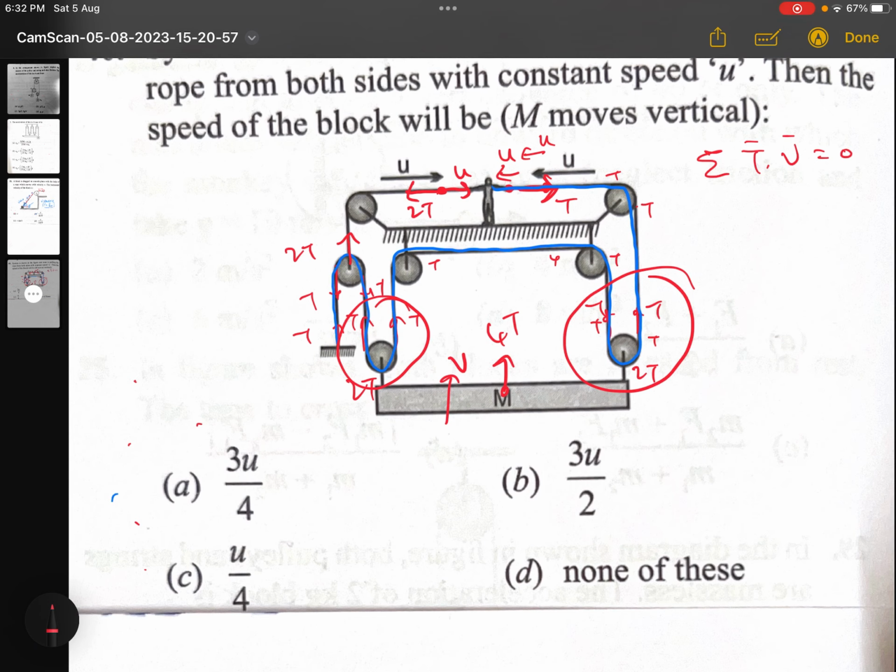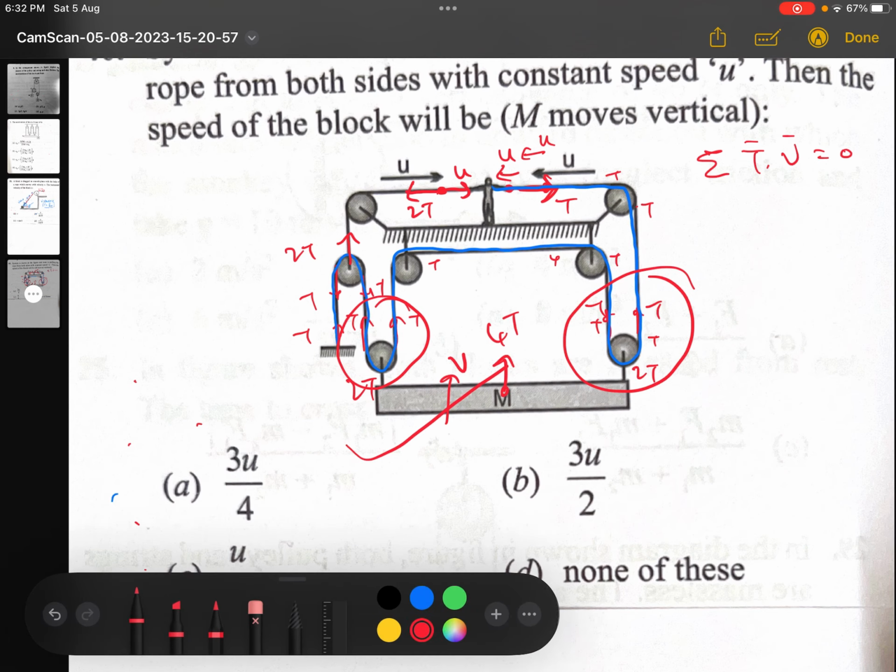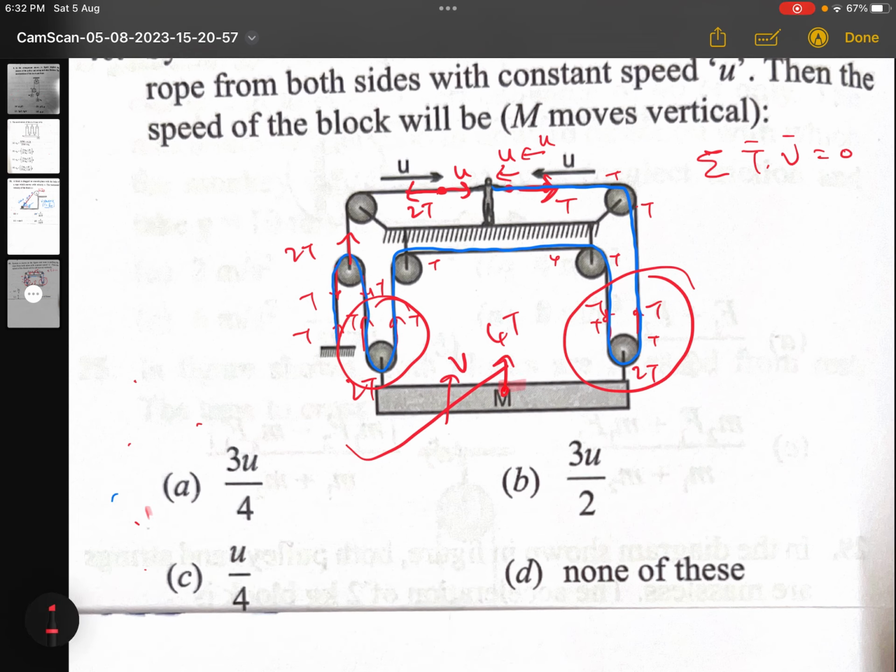First for the block, you can see the mass of the block is m, tension is T, velocity is V. I want sigma T dot V, of course TV cos theta, but the tension and this V are in the same direction, so I have to write 4T into V, right, plus, so again we have to consider this part.